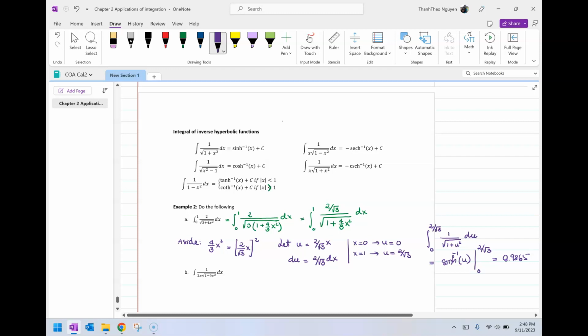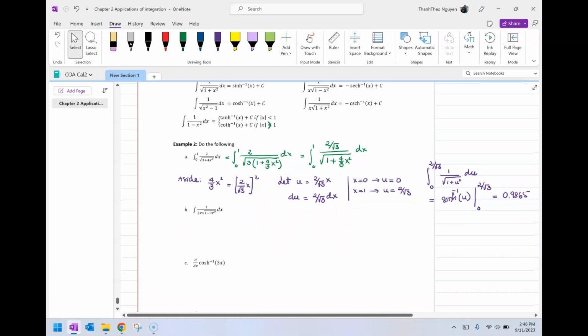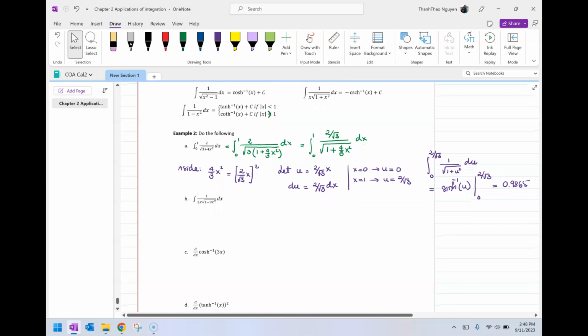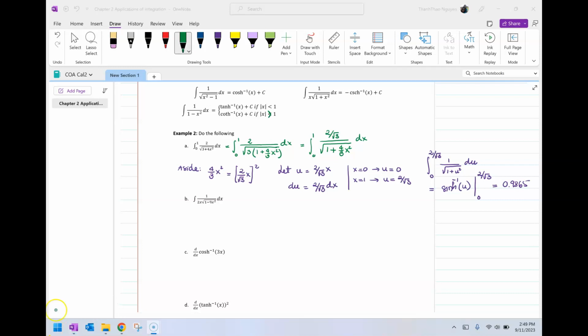Now, in the next problem, we're looking at the integral of 1 over 2x times the square root of 1 minus 9x squared dx. I'll go ahead and let u equal 3x. So then du equals 3 dx, so 1/3 du equals dx.